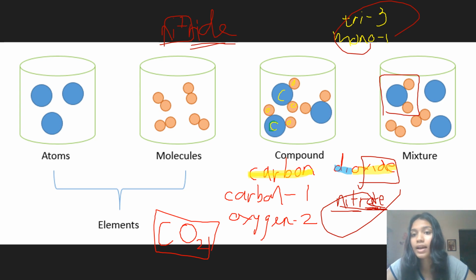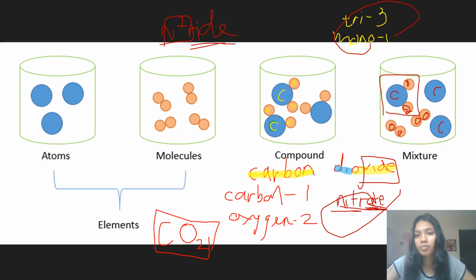Let's say the orange is oxygen and the blue is carbon. So this is carbon, and these are oxygen molecules, O2. That means this is CO2, right? So we have one molecule of carbon dioxide, we have two atoms of carbon, and we have two molecules of oxygen.